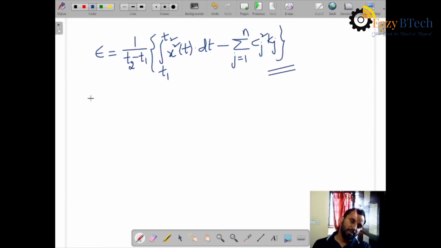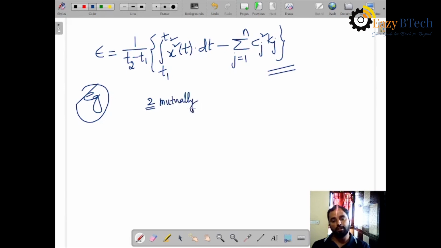For example, in problems: evaluate the mean square error using two mutually orthogonal functions. How many orthogonal functions? He is telling two mutually orthogonal functions.